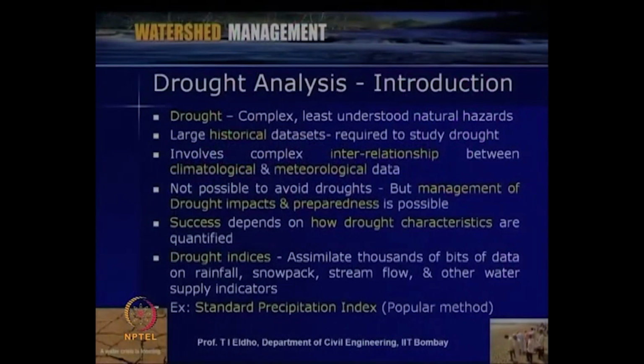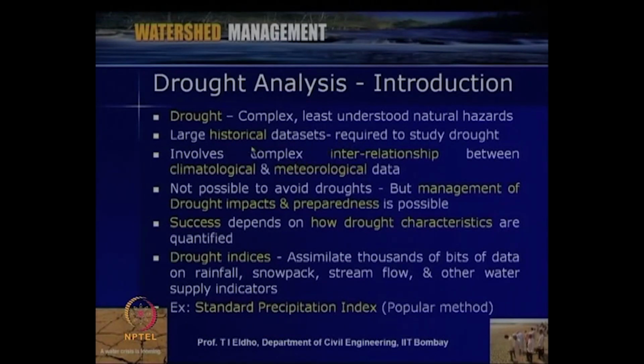When we look into the drought analysis, we have to see various aspects of the drought, such as the starting or onset of the droughts, then the duration of droughts, the volume or intensity of droughts. That is where drought analysis is very important. Since drought itself is a very complex and least understood natural hazard, we have to study the entire details of the droughts.